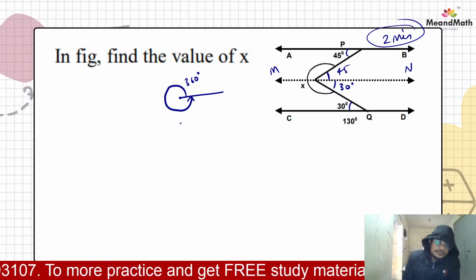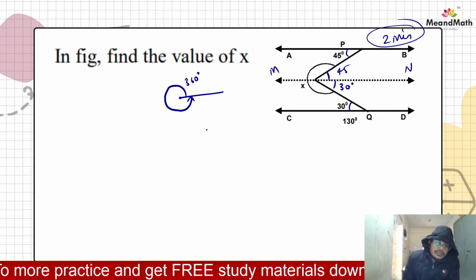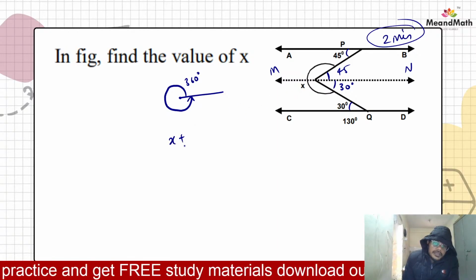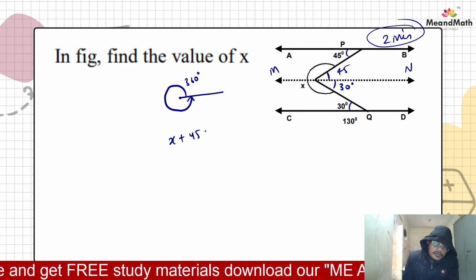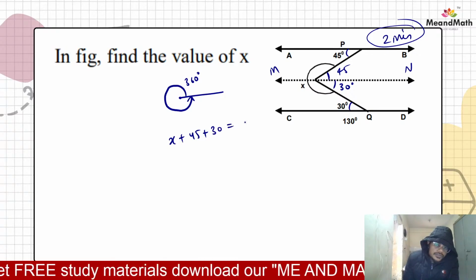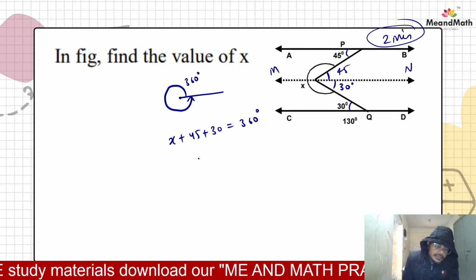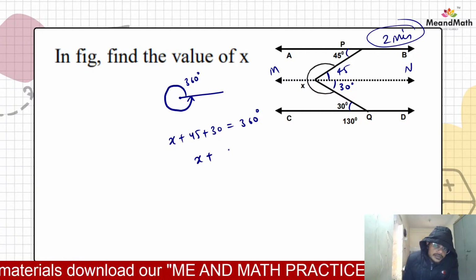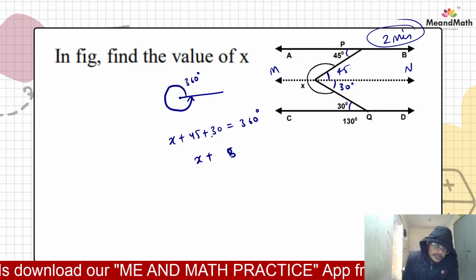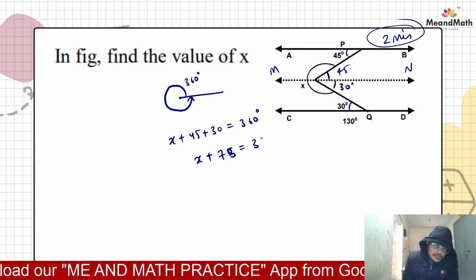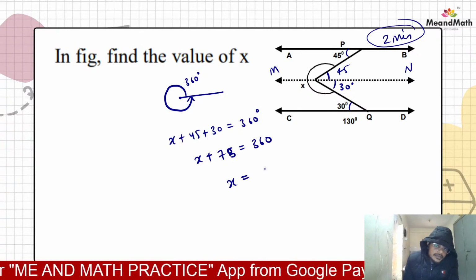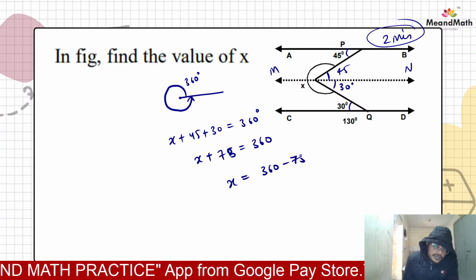Okay, see, let this be x. Then x plus 45 plus 30 should be equal to 360 degrees. That means x plus 75 is equal to 360. That means x is equal to 360 minus 75.